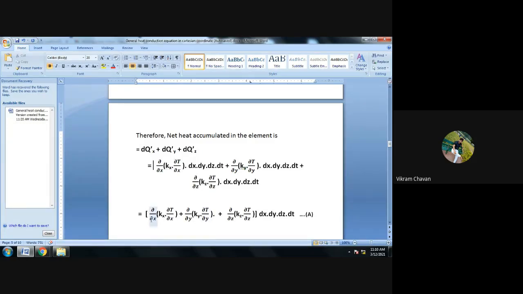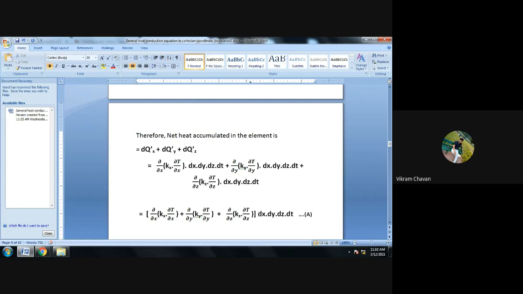So the equation will be ∂/∂x of bracket k suffix x multiplied by ∂T/∂x, bracket complete, plus ∂/∂y of k suffix y multiplied by ∂T/∂y, plus ∂/∂z, or differential with respect to z, of k suffix z multiplied by ∂T/∂z, bracket complete.